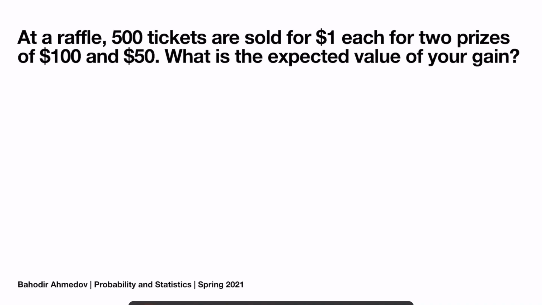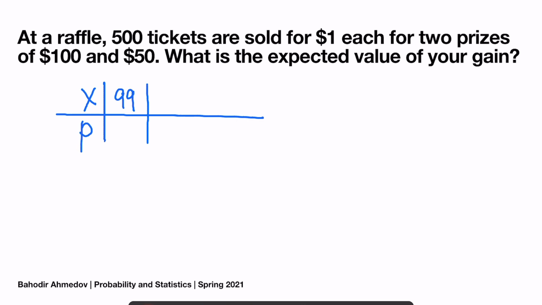So yeah, we need to do the weighted average. But first of all, we need to create a table, the probability mass function table for the random variable which calculates your profit, right? So what kind of profits are possible? If you win the $100 ticket, how much is your profit? $99, right?